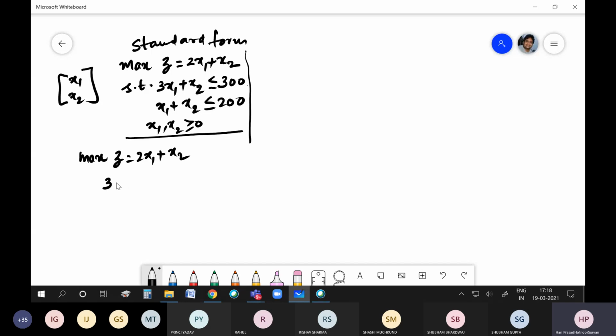That means 3x1 plus x2 plus x3 equals 300, and x1 plus x2 plus x4 equals 200, and x1, x2, x3, x4 should be greater than or equal to 0.